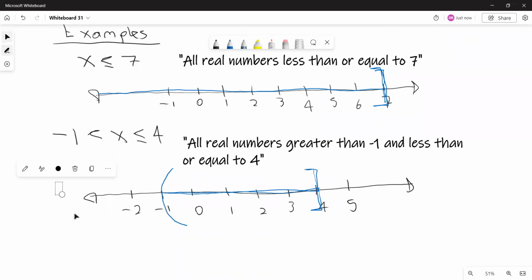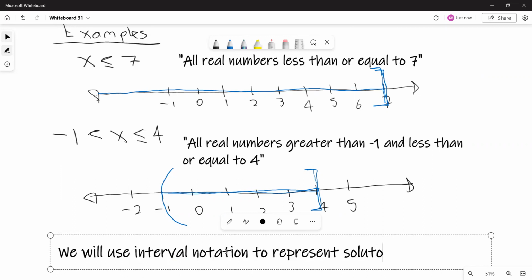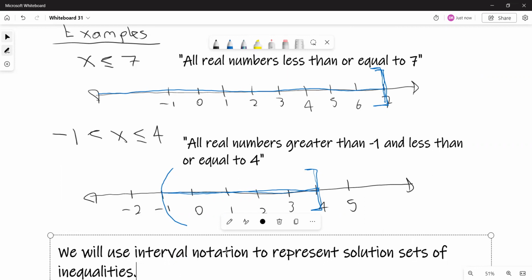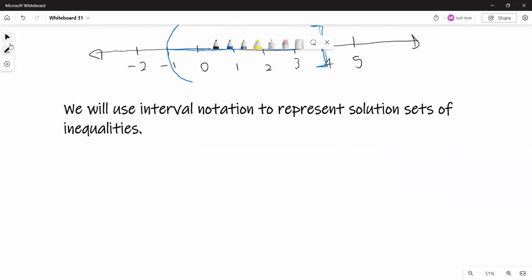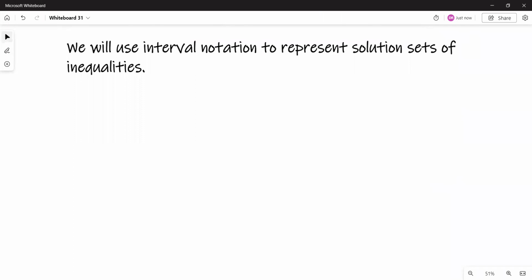So we will use interval notation to represent solution sets. I'm going to copy interval notation.